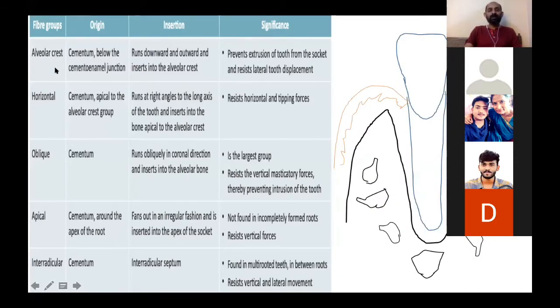Understand? So among these 5 different groups, the constant fibers, that is the fibers which are always present in all the groups, are only the first 3. That is the alveolar crest fibers, which are already there. So this is the alveolar crest fibers. Second is the horizontal fibers which are here. Then is the oblique fibers which run from here to here. So these are the constants in all the tooth.